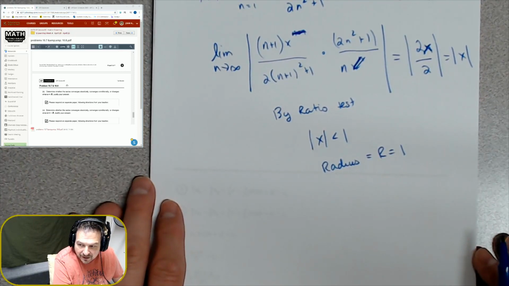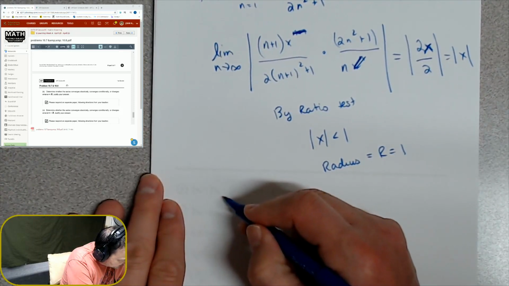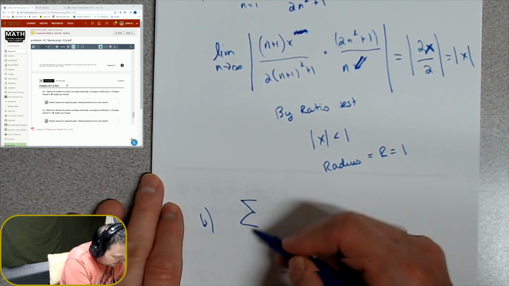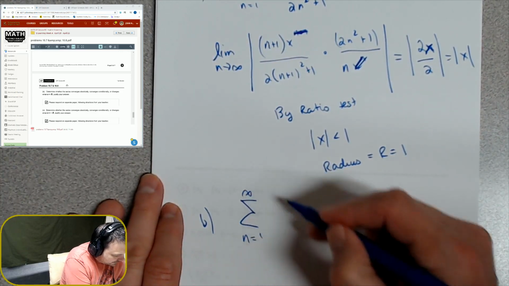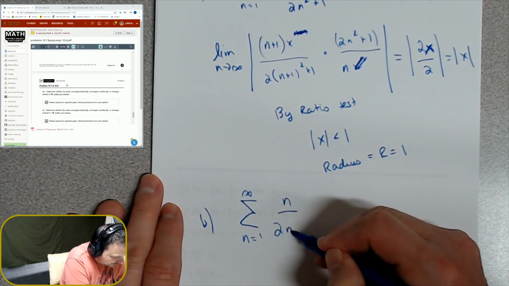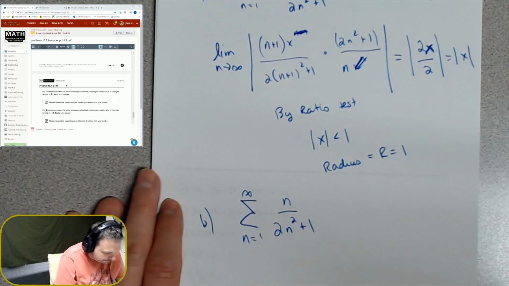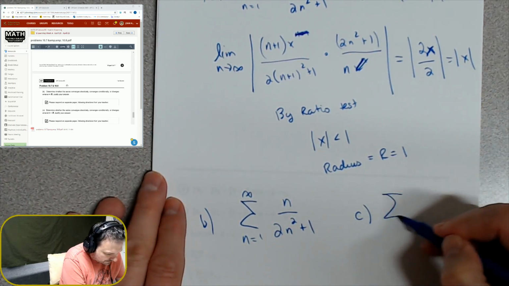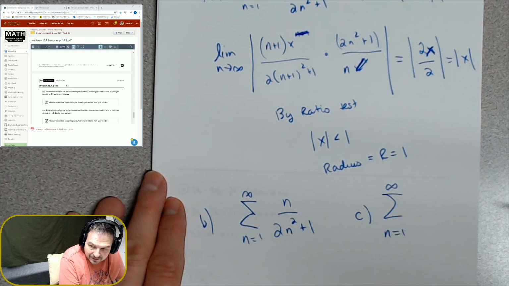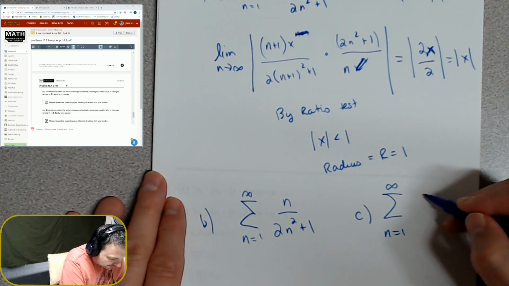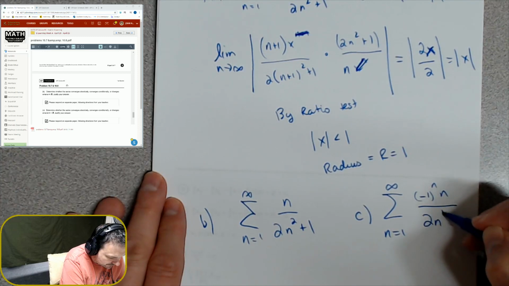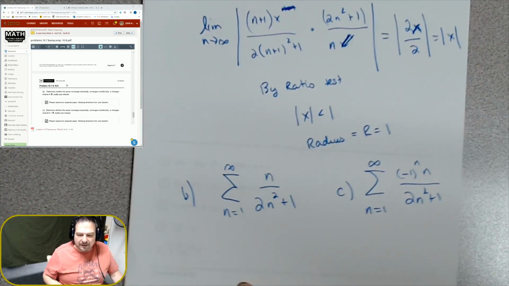For part B, the summation n equals 1 to infinity, we got 1 for x, so I got n over 2n squared plus 1. And then part C, same question, n equals 1 to infinity, I plug in negative 1 for negative r, and I got negative 1 to the n times n over 2n squared plus 1. Everybody see part B and part C?